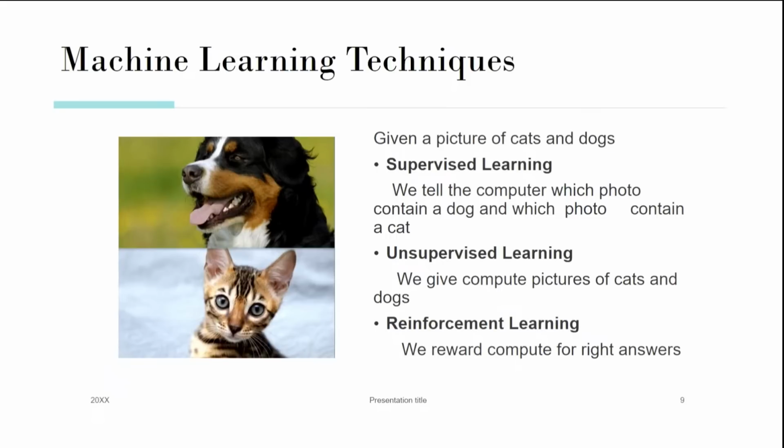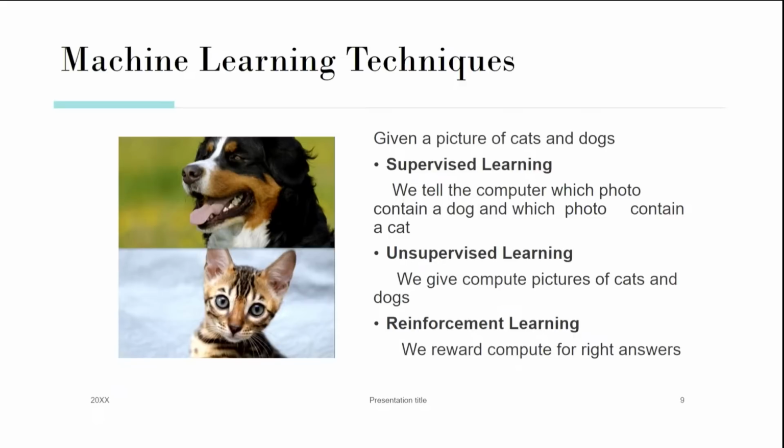Another kind of learning is called reinforcement learning. In the case of reinforcement learning, using the same example, we show different images of dogs and cats to the computer. If the model answers correctly, like if we show an image of a dog and it replies dog, then we reward it. And if we show an image of a dog and it says cat, then we punish it.